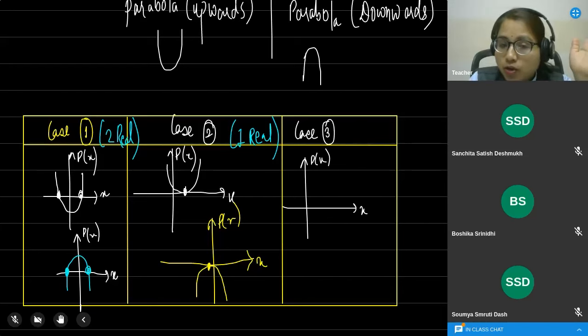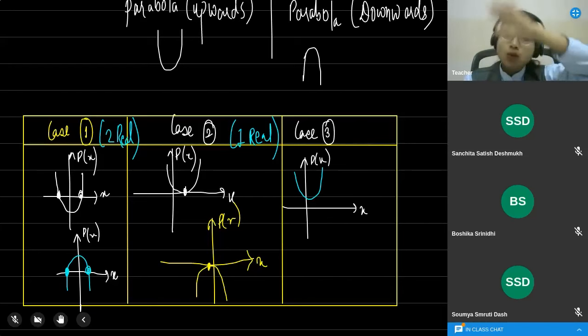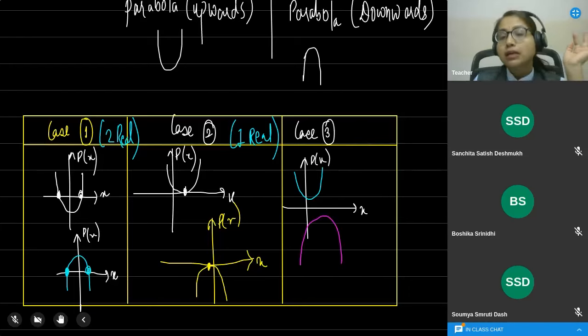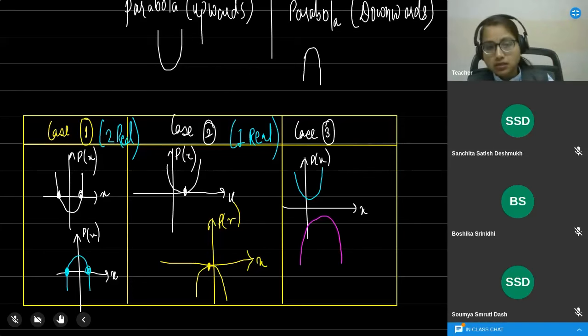In this case, when you draw the graph, maybe it is upward, but it will not cut the x-axis, or maybe it is downwards like this, but it is not cutting the x-axis. In both the cases you can see it is not cutting or touching the x-axis. That's why there will be no real zeros.